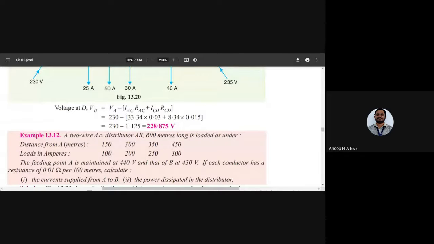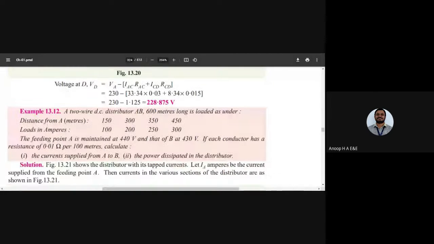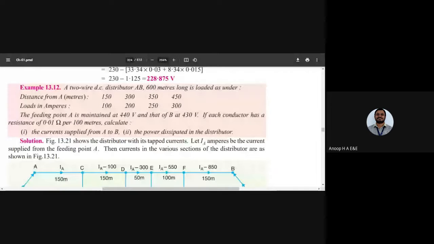These are a bit important problems, and this is again an unequal potential problem.